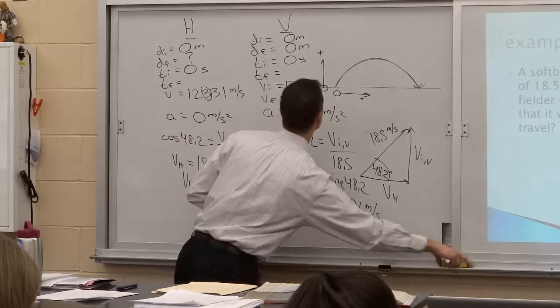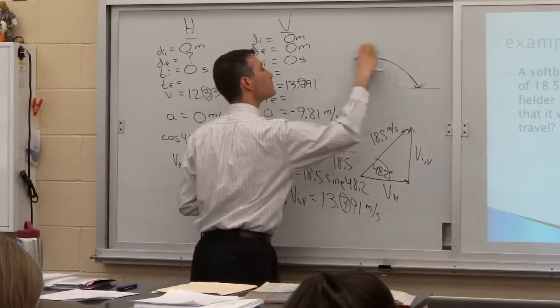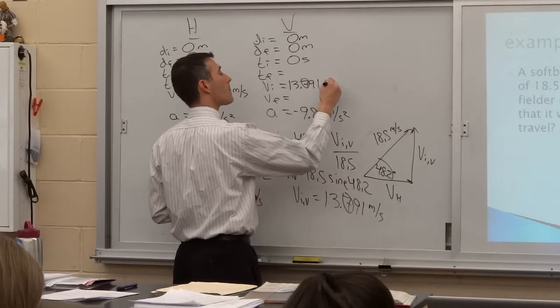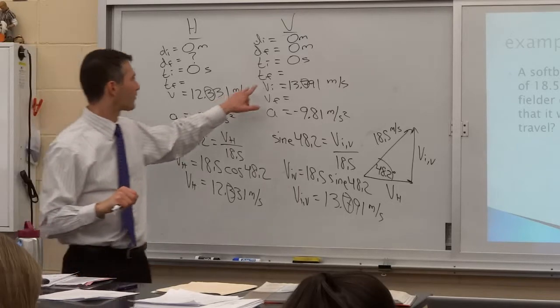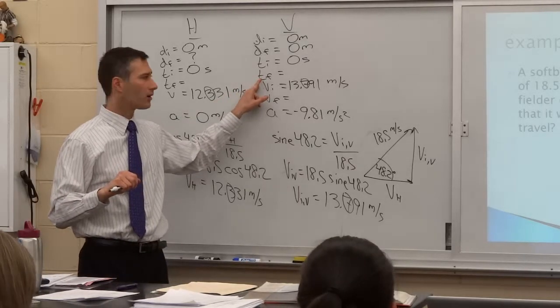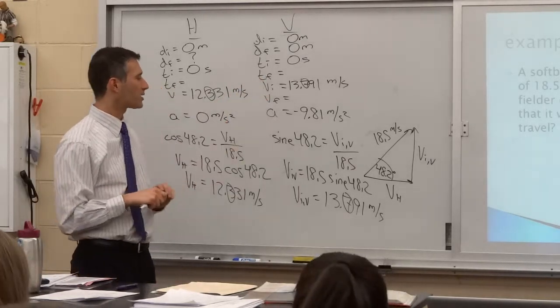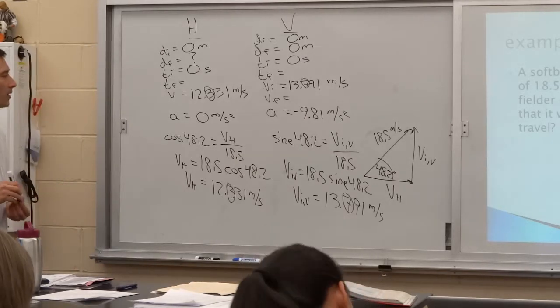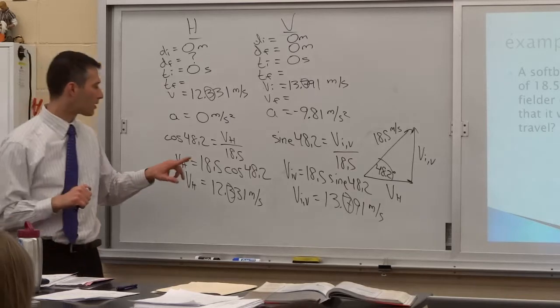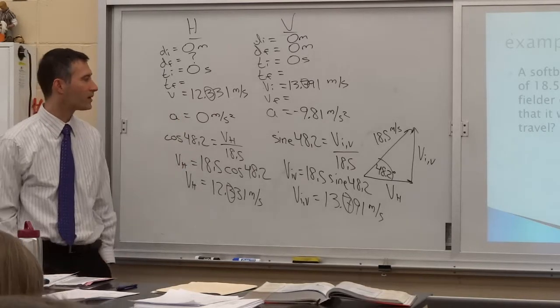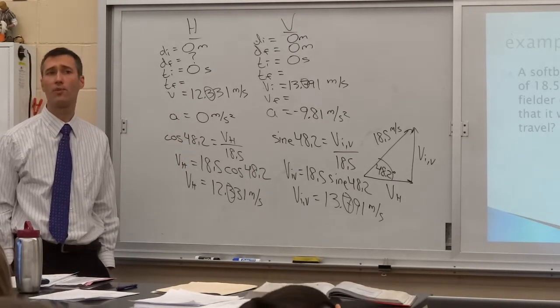Just going to erase my sketch. I'm sort of running out of room. Then can I get confirmation on that one from somebody? Let me wait 10 seconds before we put something else up there. Questions from anybody while I'm waiting 10 seconds? About splitting that 18.5 meters per second into a horizontal and a vertical part.